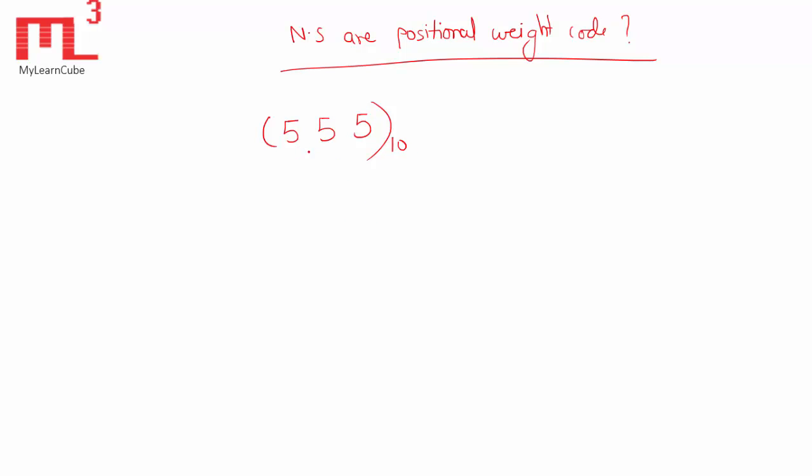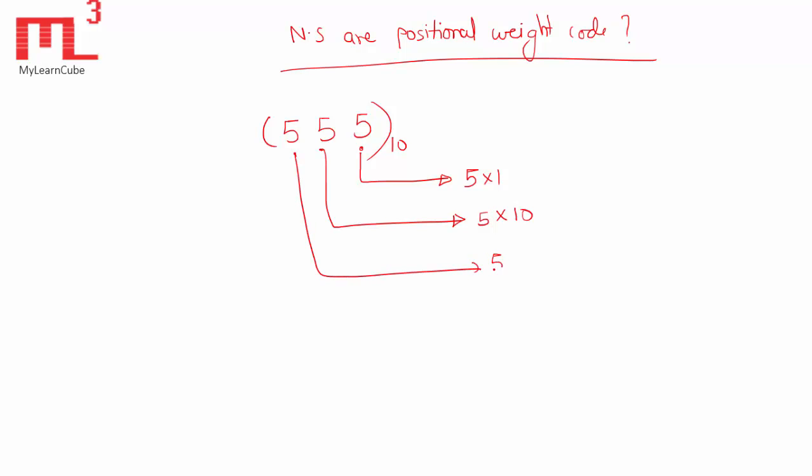Though all three digits are the same, this digit has value 1 multiplied by 5, this digit has value 5 into 10, and this digit has value 5 into 100. That means though each digit has the same face value, their base values are different. This is the unit digit, this is the tens digit, this is the hundreds digit. Each digit represents a different weight, and that weight depends on its position. That's why they are called positional weight codes.